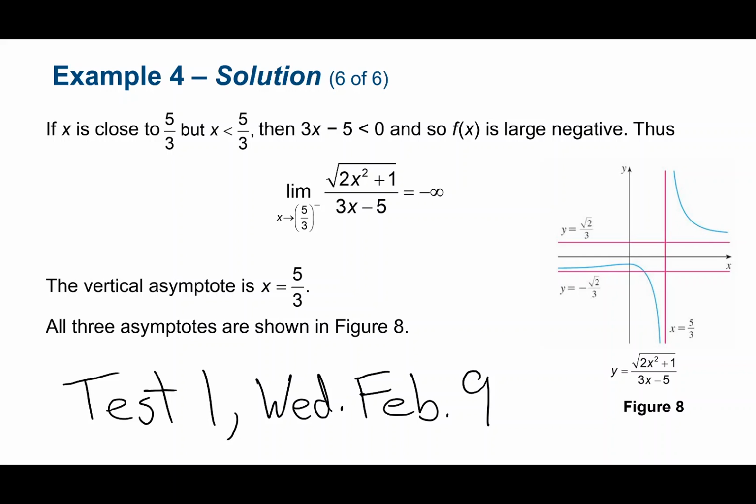Or they could have 1 horizontal asymptote, or they could have 2 horizontal asymptotes. And that was the max, because if we have any more than 2, we start having problems with the vertical line test, and we don't have functions. So we can have 0, 1, or 2 horizontal asymptotes.